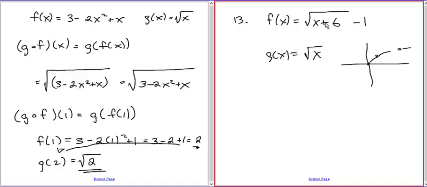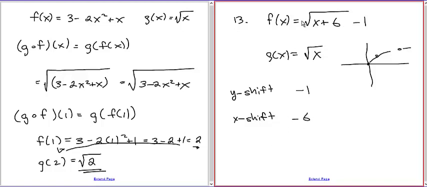Now we look at what's happening here. When it's outside the square root, that's my y shift. So I've got a y shift of minus 1. And then the x shift is the opposite of what's shown there. So it says plus 6, so the x shift is negative 6.